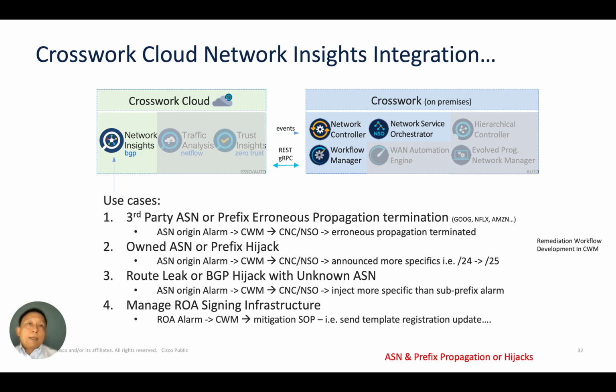You can address these issues right away with automation, not just automation but closed loop automation within the Crosswork portfolio universe. On the right-hand side is some remediation workflow development in CWM. I think it is safe to say that will be the router automation kit, and more to come on that. So this is how some of the use cases that we can do with Network Insights.